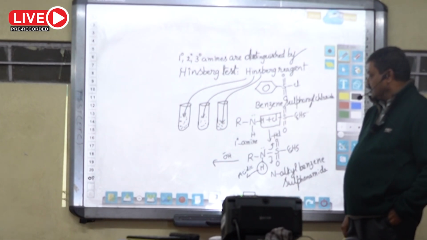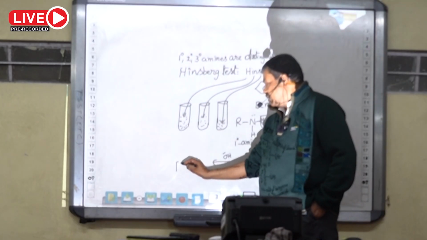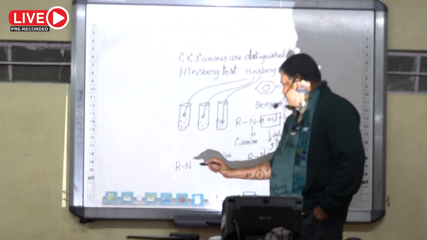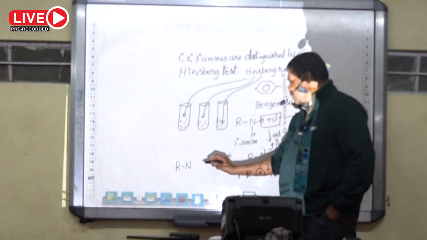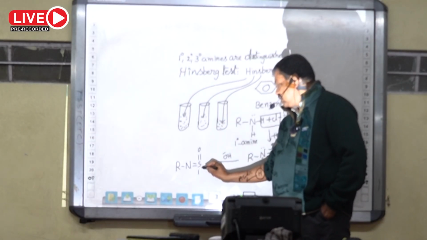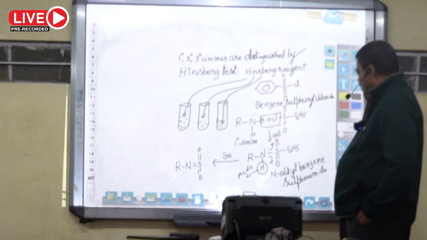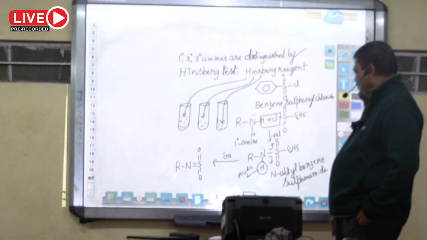So after removing the H plus, you will get RN S C6H5.